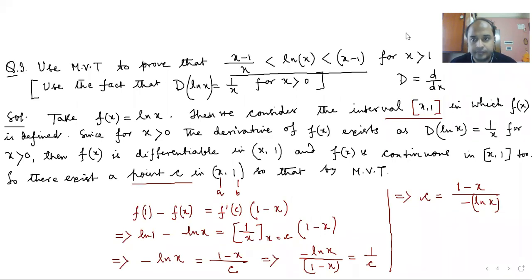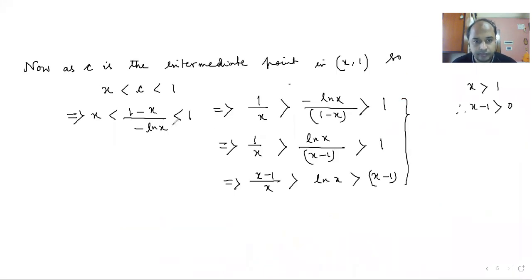Sir, in the next page where you're changing the sign, then you're changing the inequality. I could not understand how. Which one? Adjacent line, sir. Oh, minus, yes. Thank you so much. That is this part you are saying about. Yes, sir, x minus 1 is becoming positive, that's why the sign is not changing.